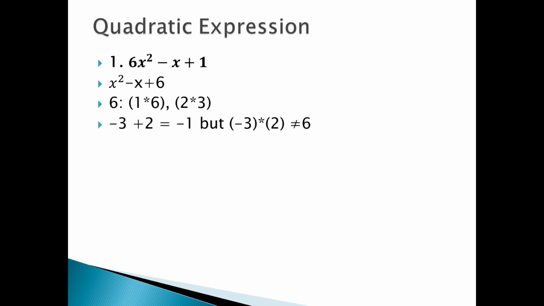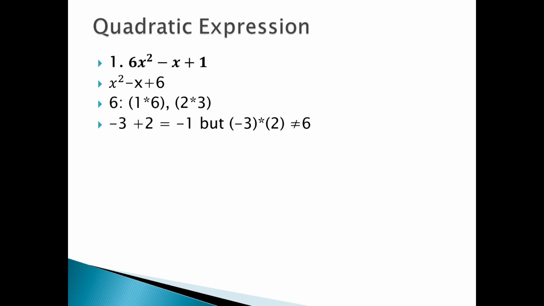So we choose which pair of these numbers will give us the coefficient of the middle term, which is negative 1. So that will be 2 and 3. But since our goal is a negative 1, we set 3 to be negative and 2 to be positive. The problem here is that when we add negative 3 and 2, it becomes negative 1.